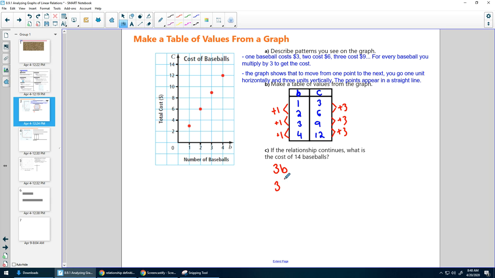So if we want to know what it's going to cost for 14 baseballs, we just need to substitute in 14 for our B, and that's going to give us 3 times 14 is 42. So 14 baseballs would cost $42.